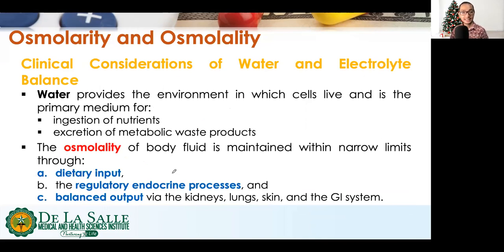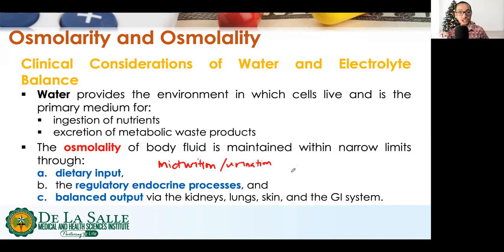The osmolality of body fluids is maintained within narrow limits through the following processes, no? Through dietary input, whatever thing that you eat, through regulatory endocrine processes. For example, our micturition or our urination. Gusto ko tong term na to, micturition. Or basically urination, sa pag-ihi natin, okay?